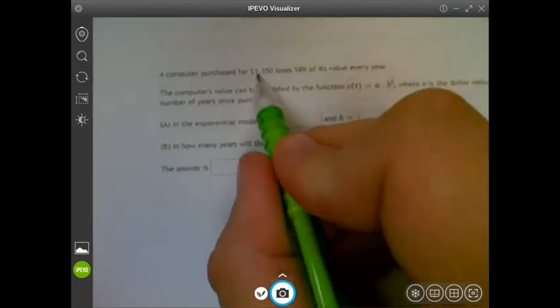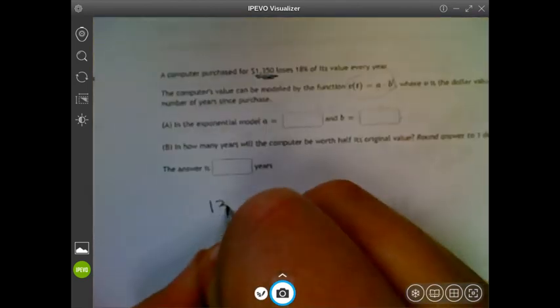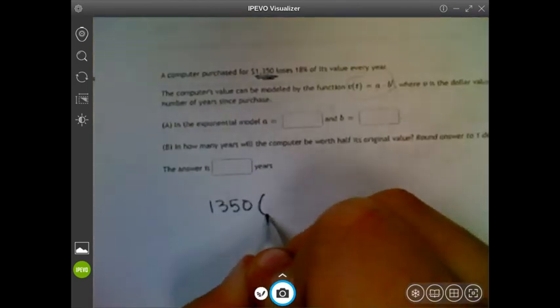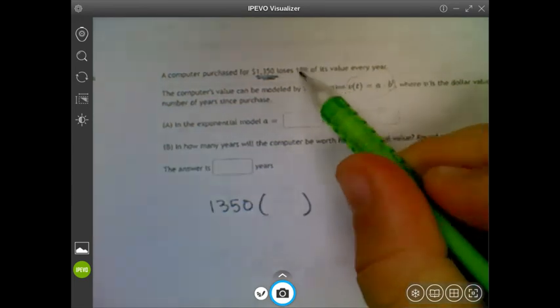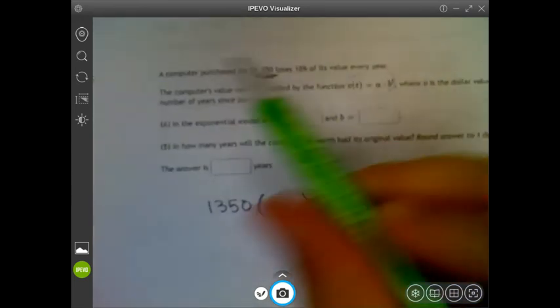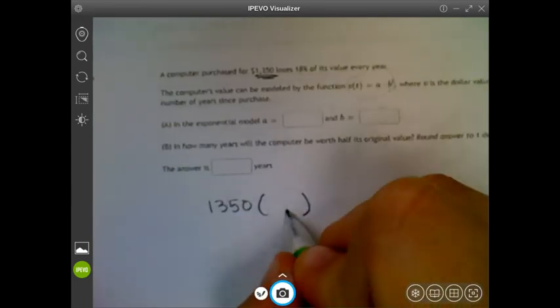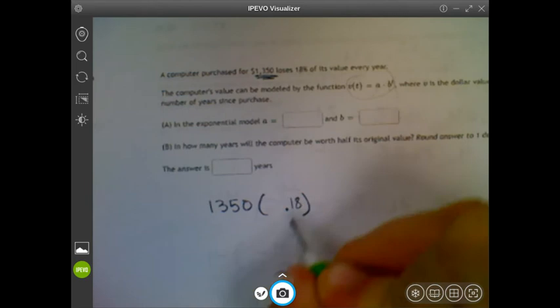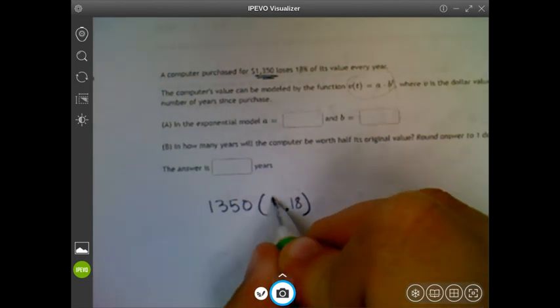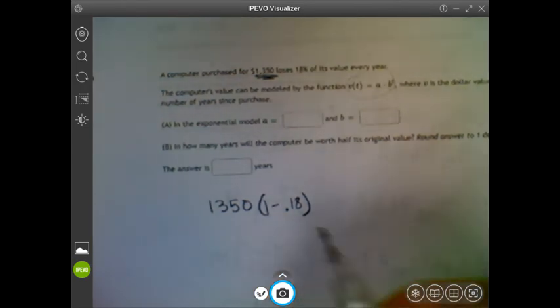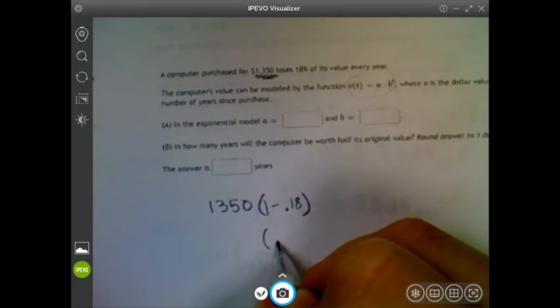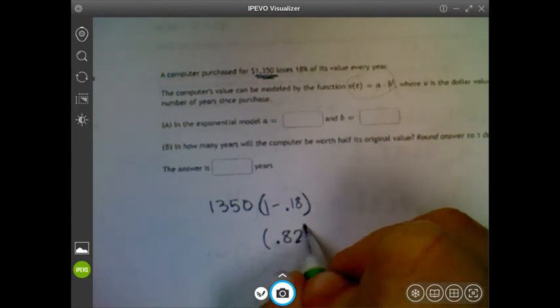All right, so let's go ahead and say the initial amount is $1,350. And then it loses 18%. So the last problem was increasing by 18%. This one's losing 18%. So you're going to have the 0.18, but this time it's losing. So instead of adding 1, you actually subtract it from 1. And so that would be 0.82.